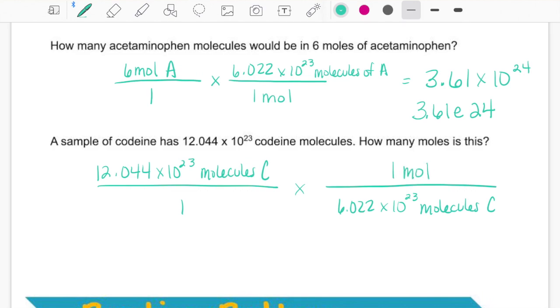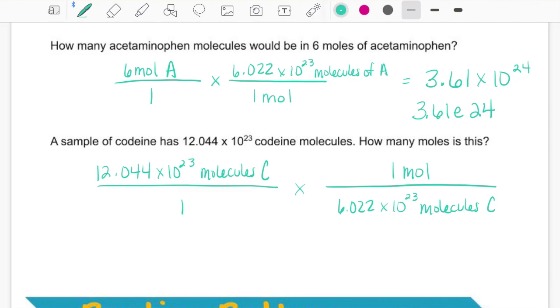Okay, so we're going to be dividing, so if we multiply across, 12.044 times 10 to the 23rd times 1 will just give me still that 12.044 times 10 to the 23rd. Same thing with the bottom, I'm multiplying by 1, so then I will divide the 12.044 times 10 to the 23rd by the 6.022 times 10 to the 23rd.